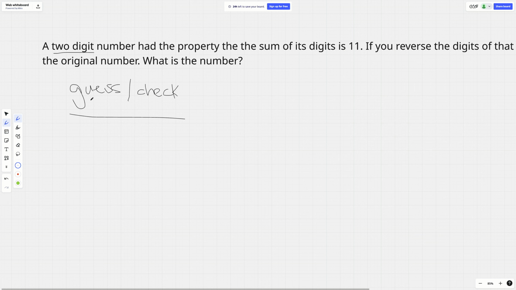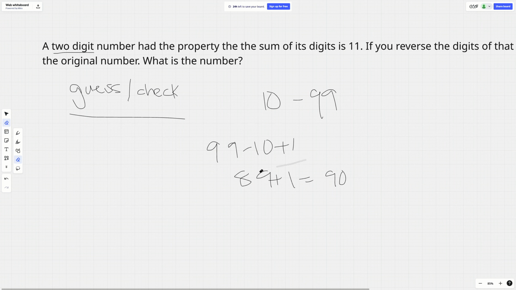For that reason, we know there's only a very finite, limited number of possibilities, because we only have two-digit numbers from 10 through 99. That isn't even many numbers. In fact, that's only, I believe, 80 numbers, right? Rather, not 80, but 99 minus 10 plus 1, or 89 plus 1, or 90 total numbers, right? Which is not that bad. 90 numbers isn't a lot in a range to cover.